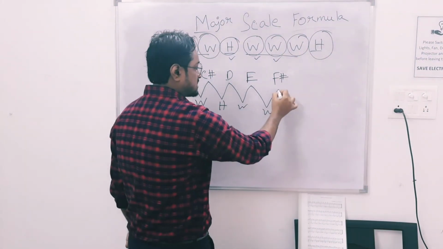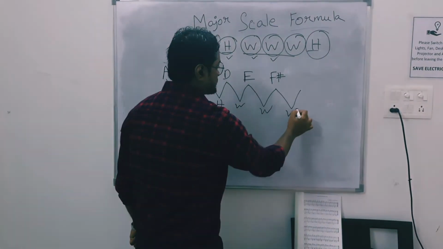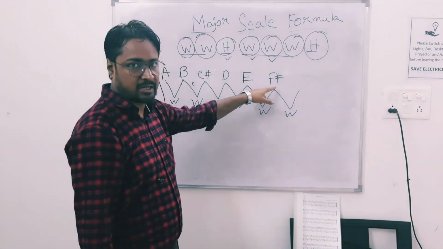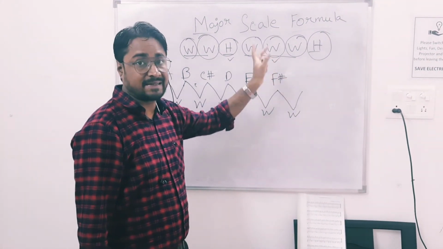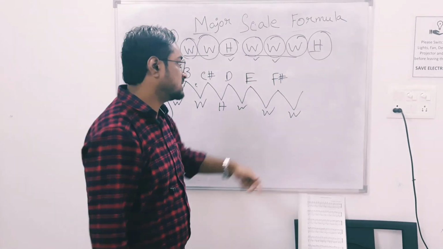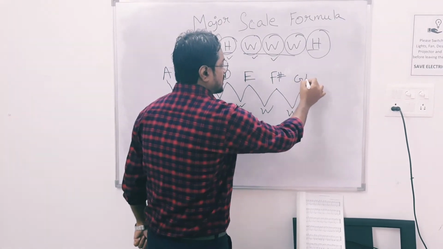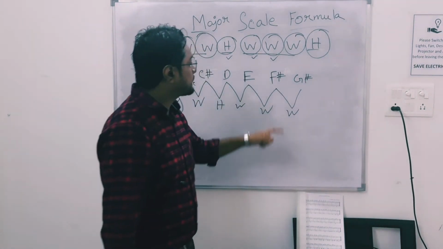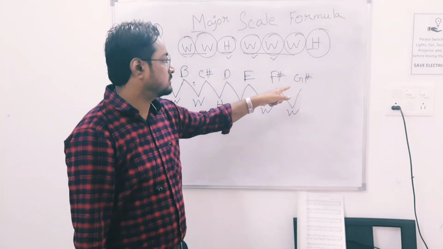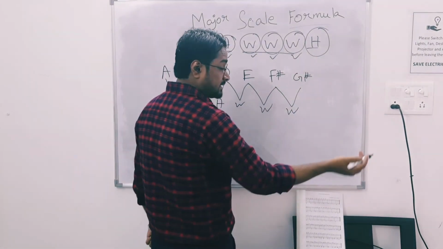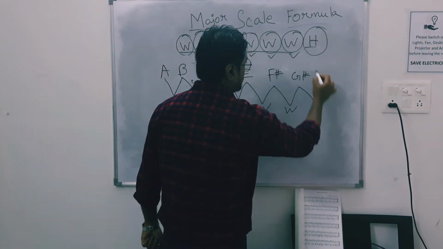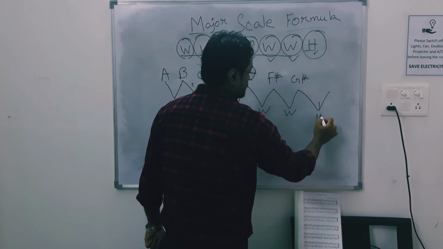The next whole step is after F sharp comes G, so we skip it and jump to G sharp. We got the next whole step, and after that the half step.